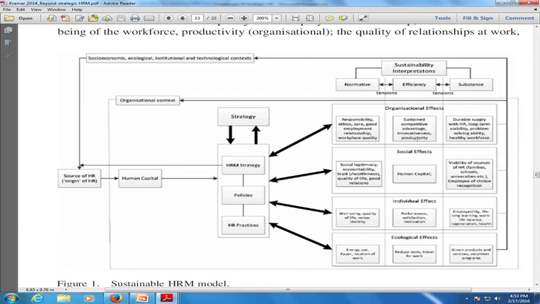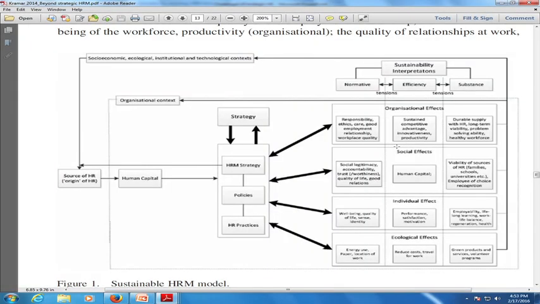There are also organizational effects of efficiency: sustained competitive advantage, innovativeness, productivity. If your efficiency is high, your competitive advantage is maintained, you are able to innovate, and productivity is higher.